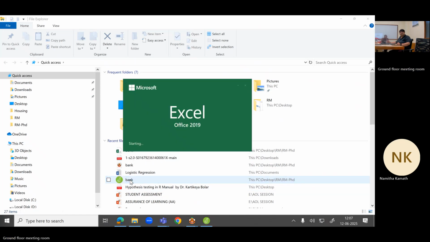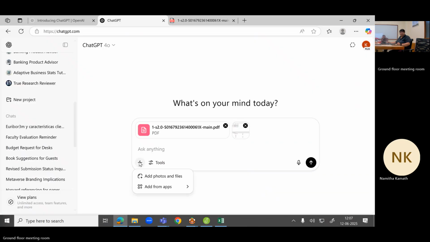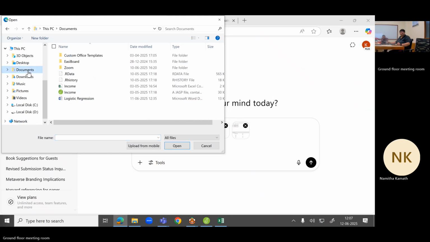Select that band. So you can supply this data. I think it is in the desktop folder.